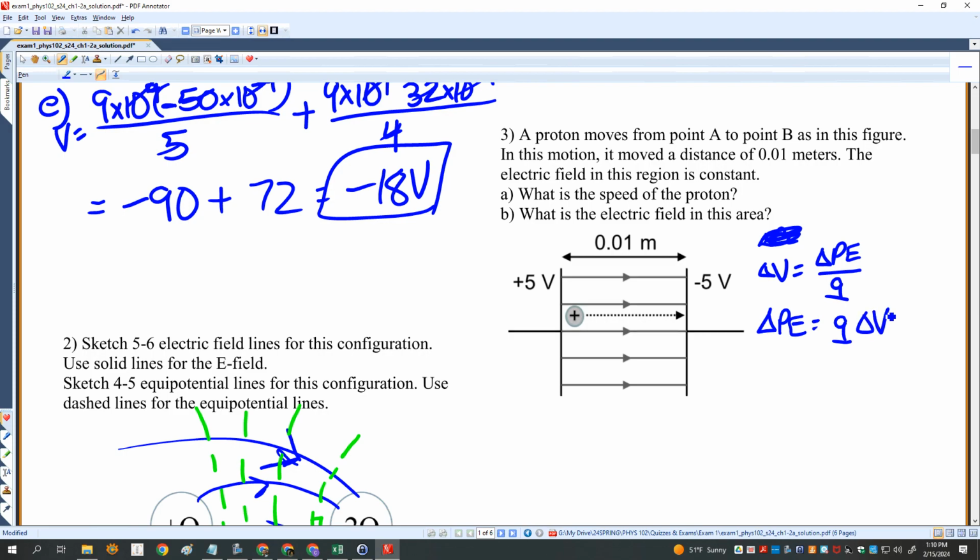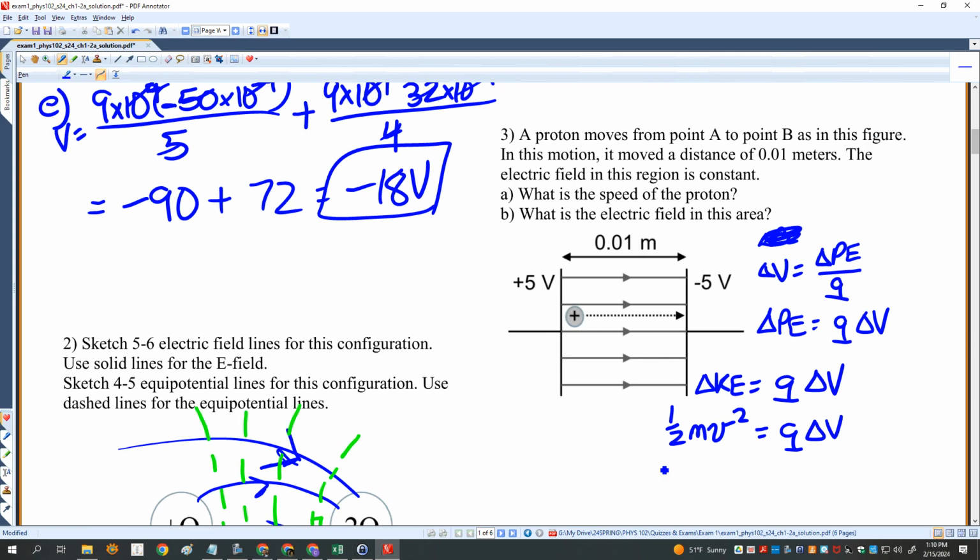And that's also going to be the negative of my change in kinetic energy, but that doesn't really matter much here because I'm dealing with scalar quantities. So I'm just going to drop the negative altogether and say that the change in kinetic energy is equal to Q delta V. That is 1/2 mv squared, where v is the speed, equal to Q delta V. I can put in some numbers here.